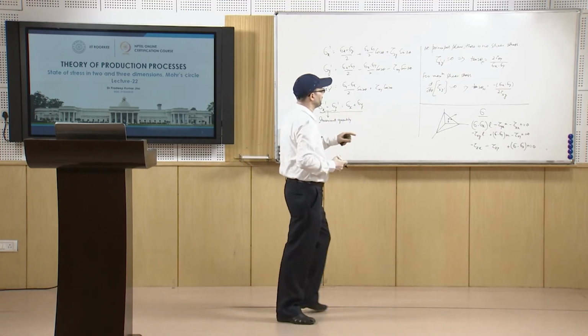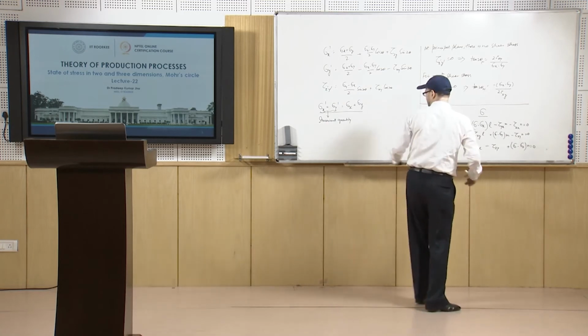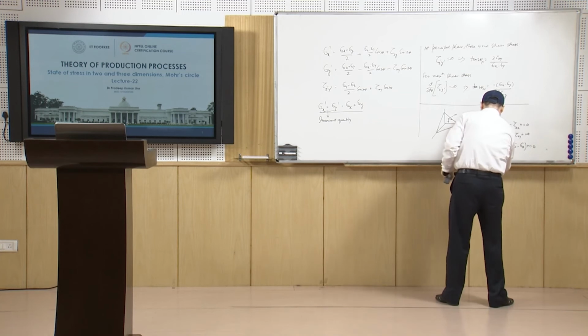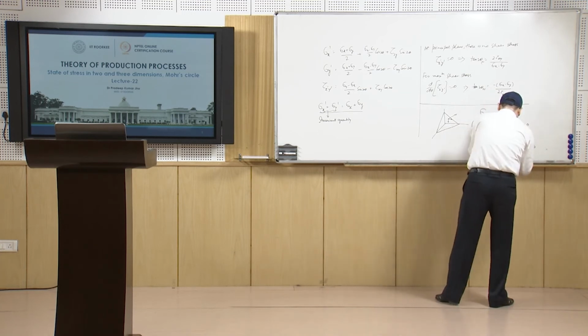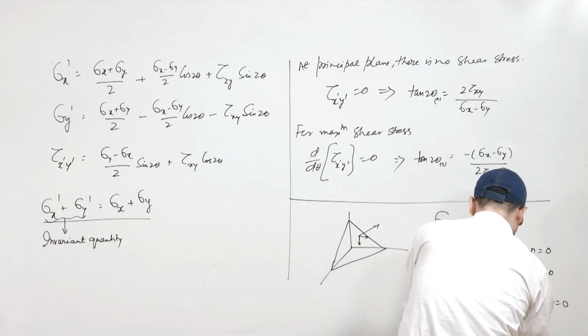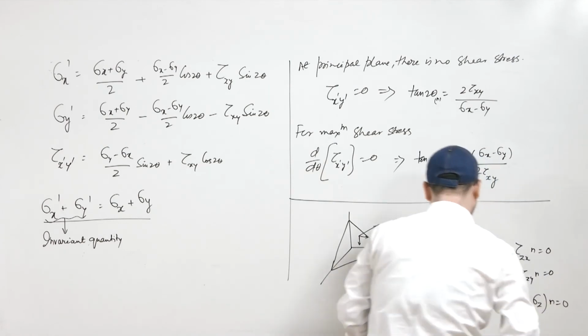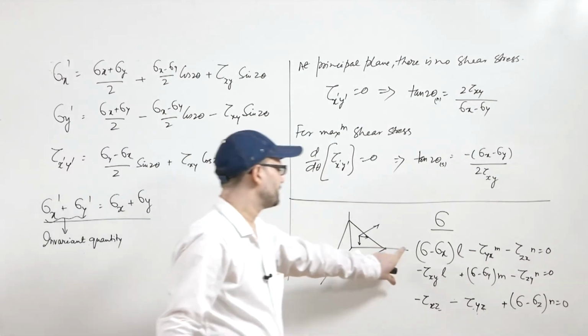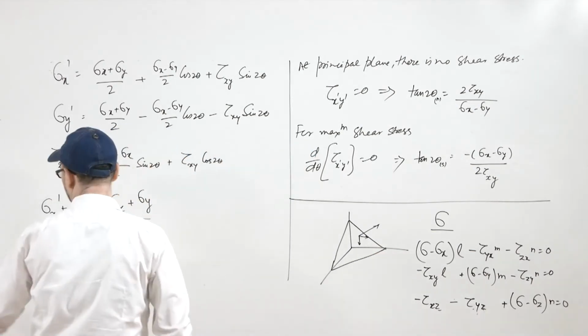Here xz and yz are the same as zx and zy. So, the determinant has to be equal to 0.